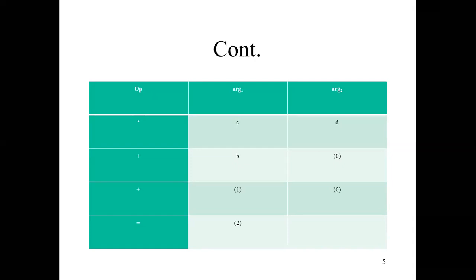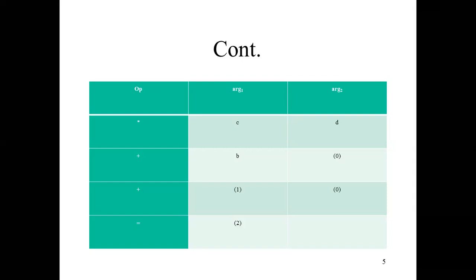The first row is called line number 0, the second row is line number 1, the third row is line number 2. In this manner, we can divide our table or our expression. So in case of triples, we are just replacing the temporary variable by the line number.